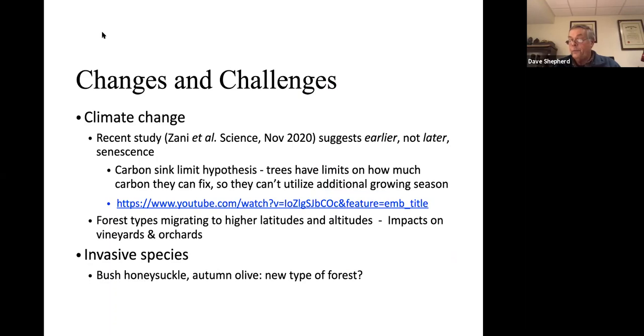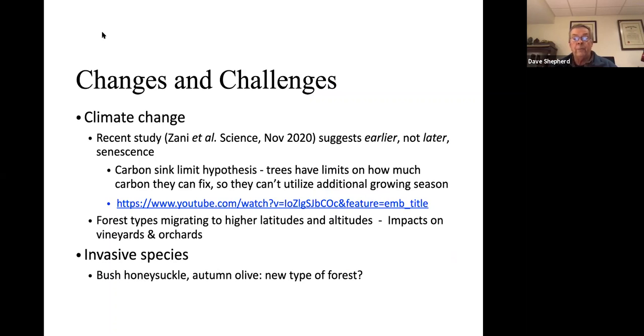Any ecosystem is comprised, of course, of a web of interrelationships, and the forest ecosystems are becoming under a lot of stress these days from climate change and invasive species and so on. As we've talked about winter dormancy, we can, I think, fairly quickly extrapolate the effects that climate change may have on orchards and vineyards.